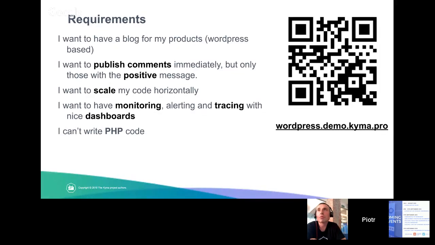This blog will be WordPress based. I want to publish comments on my blog site immediately, but only those with a positive message. I want to scale my code horizontally. I want to have monitoring, tracing, a nice dashboard, and I can't write PHP code, which for WordPress can be difficult. If you want, you can help me in this demo.